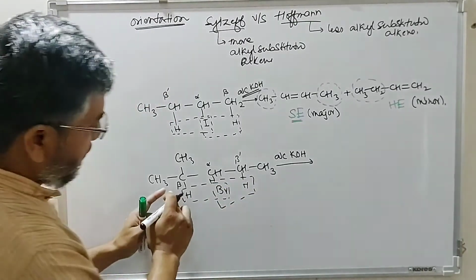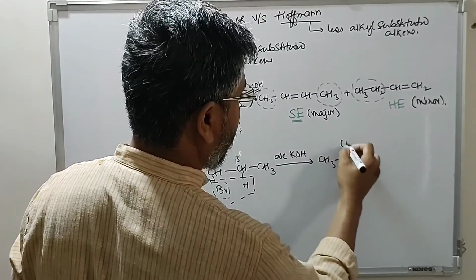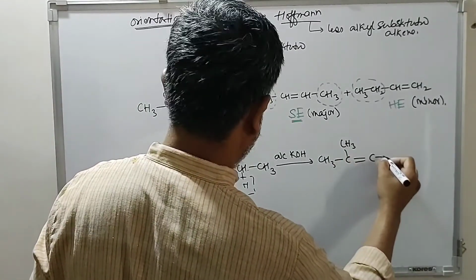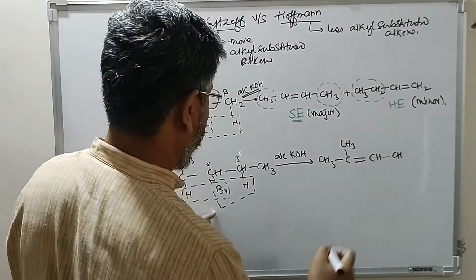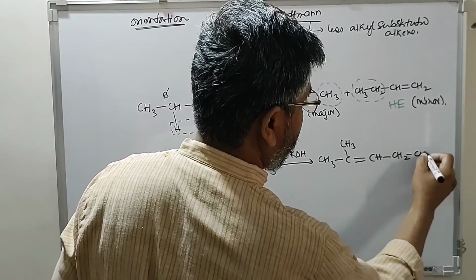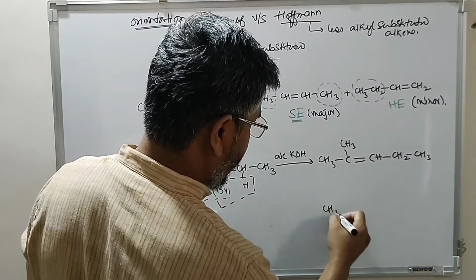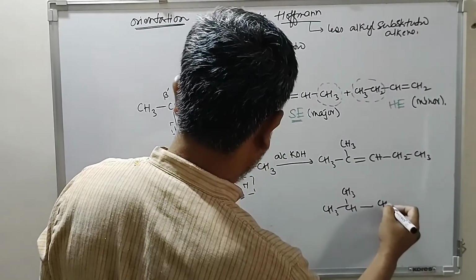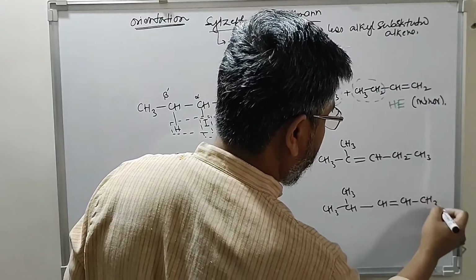Removing from this beta, we get this product, CH3, CH3, double bond C, H, CH2CH3. The other product is CH3, CH, CH3, CH, double bond CH, CH3.